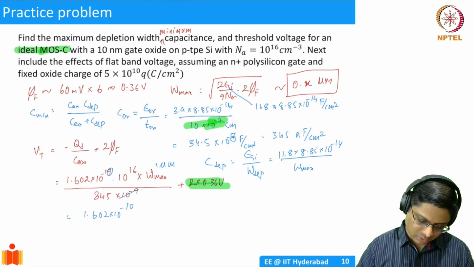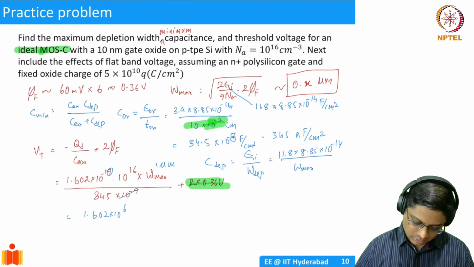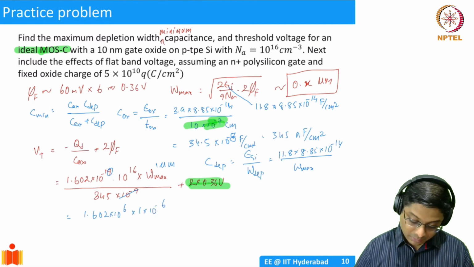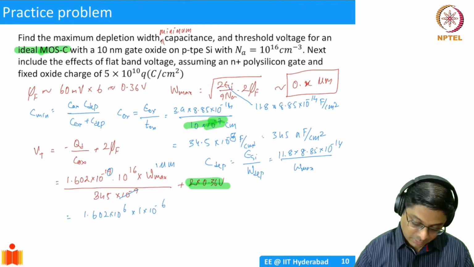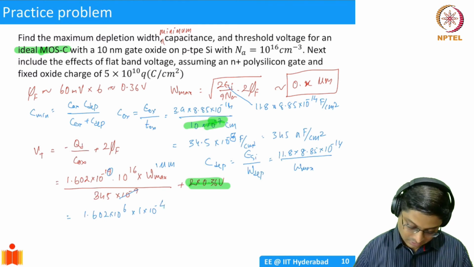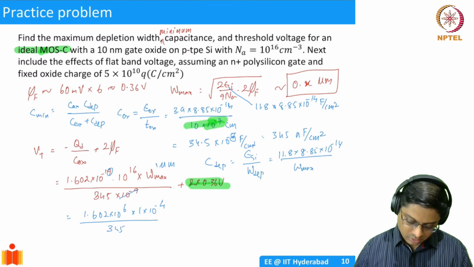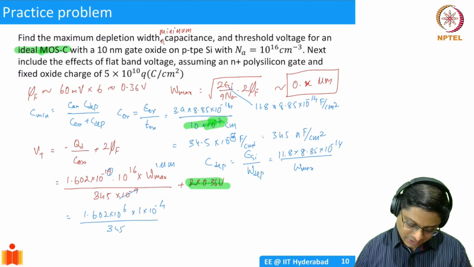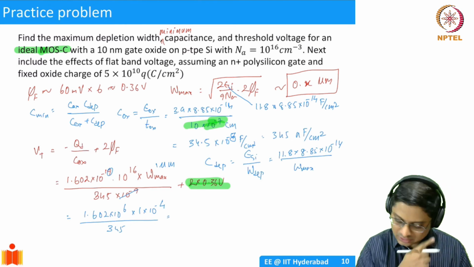Right, minus 10. That will be plus 6 now. This will be 6 into 1 micron. No, we can't put 1 micron as 10 power minus 6. We have to put it as 10 power minus 4, because it's centimeters. Divided by 345. This will be 2 orders, right?